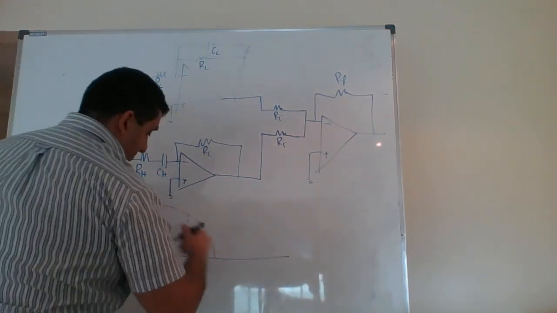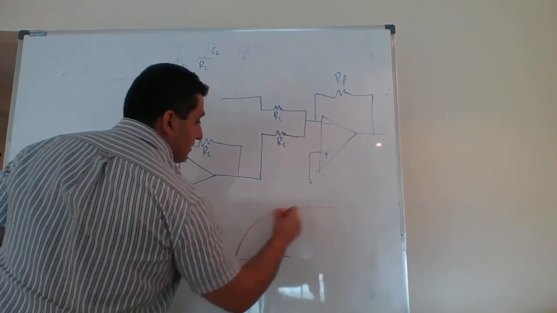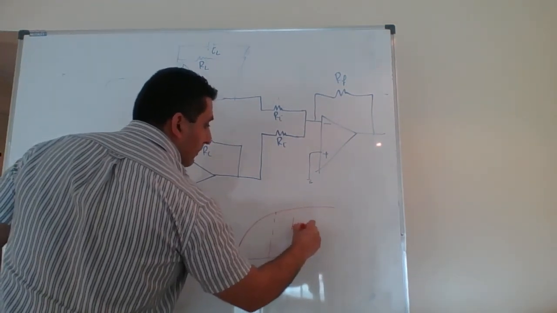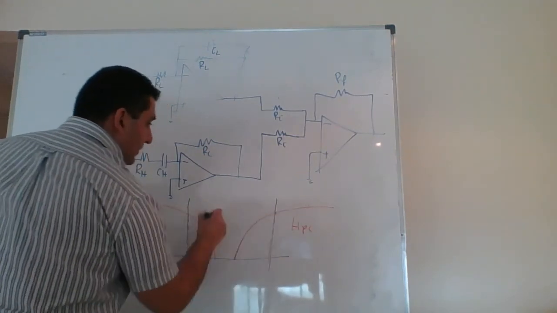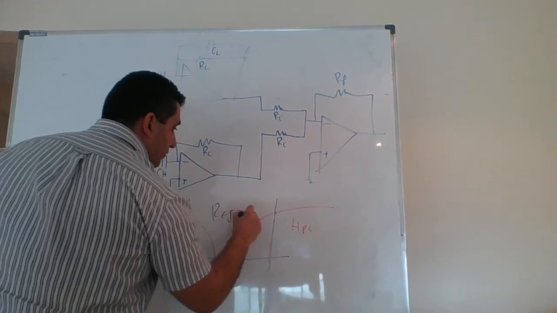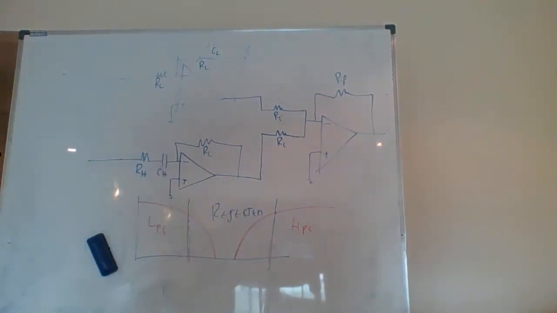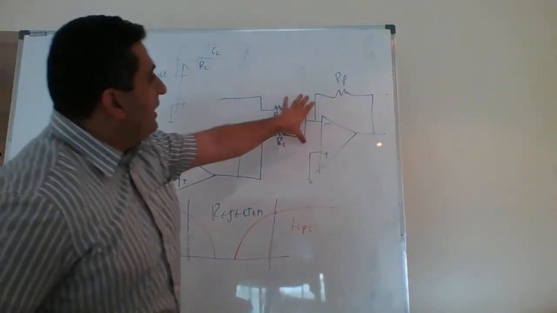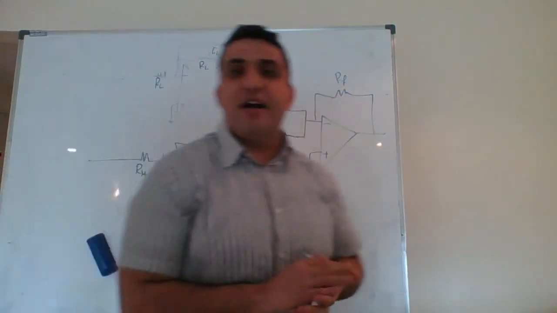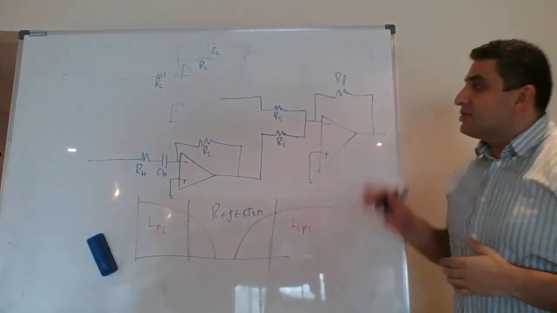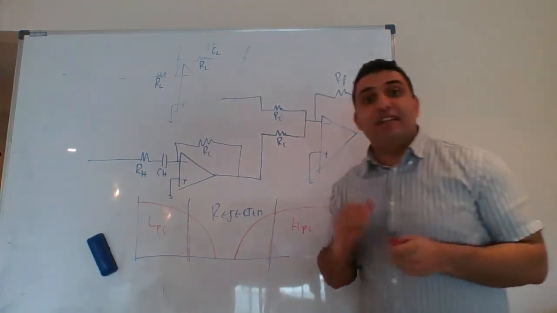The second filter will allow this to pass, the high pass filter, and this area will be rejected. They will go to a summation amplifier where I can sum them together and have a gain of minus RF over RI. This is known as a band reject filter, an active band reject filter.